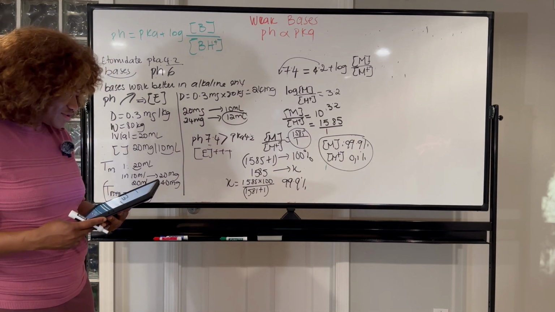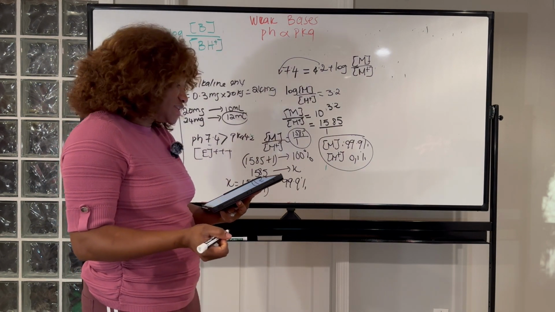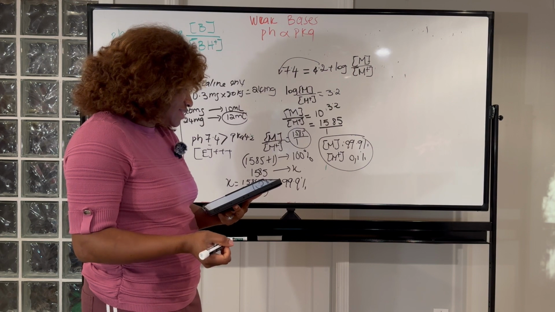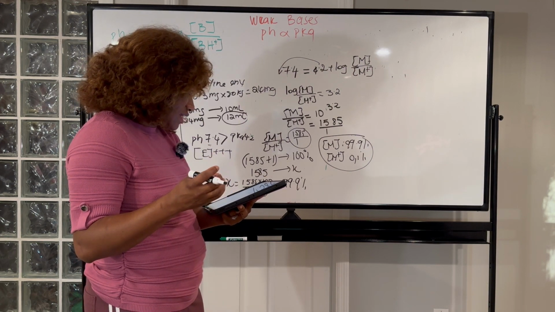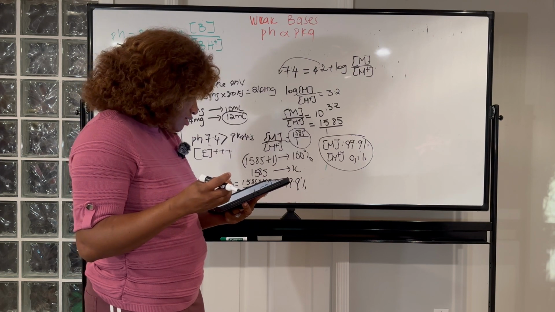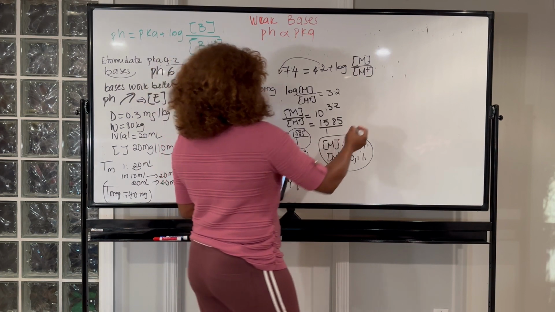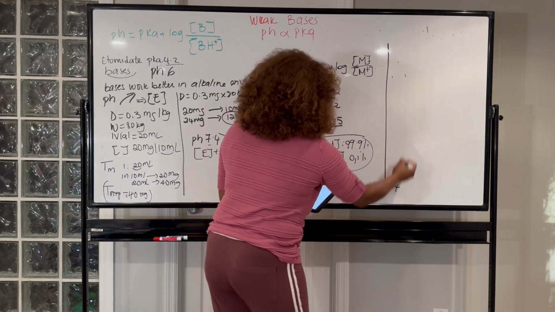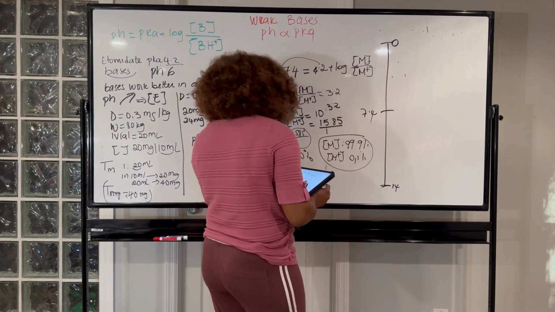Now the last question: at a pH of 7.4, which medication will have the higher percent in ionized and non-ionized between etomidate and procainamide? Now we have a pH scale here, 0 to 14, and we are given 7.4.